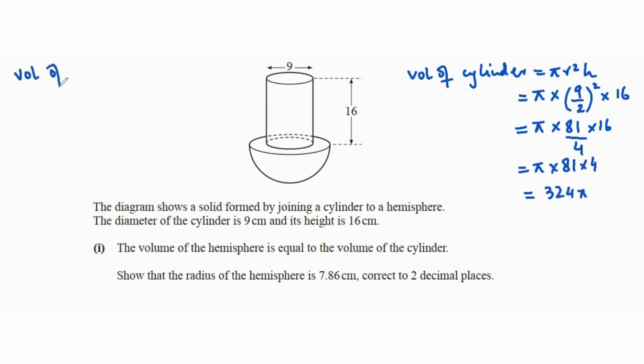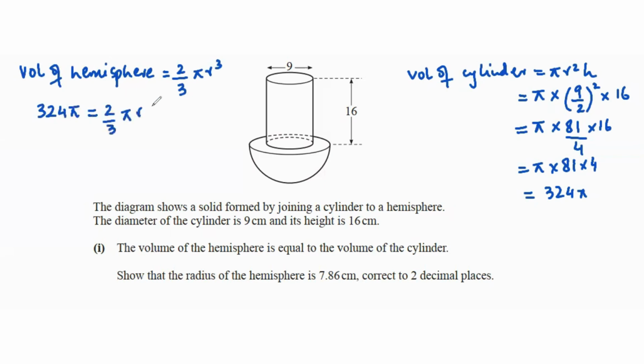Then the volume of a sphere is 4/3 pi r cubed. But since we're trying to find the volume of a hemisphere, the volume of the hemisphere is going to be half the volume of the sphere. So that's going to be 2/3 pi r cubed. So we're going to put 324 pi equal to 2/3 pi r cubed. 324 pi times 3/2 pi is equal to r cubed.